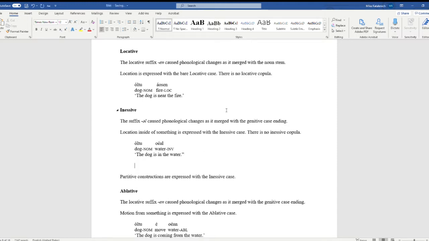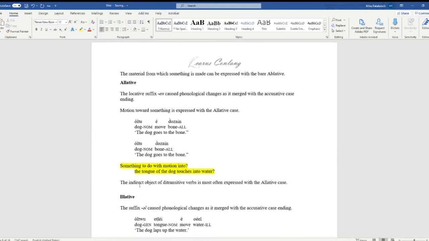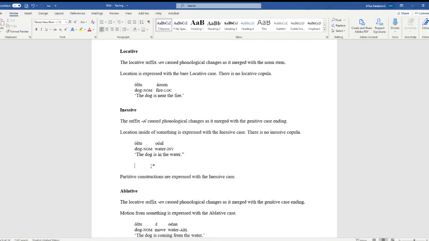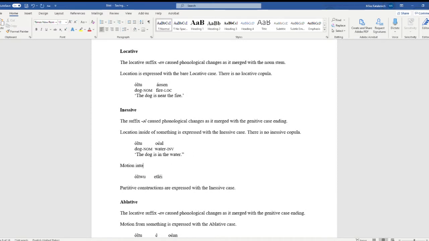And so if we did the same sort of thing where we had Etlei, motion into something is expressed with the preposition blank governing the inessive case. So Etlei, so the dog's tongue.